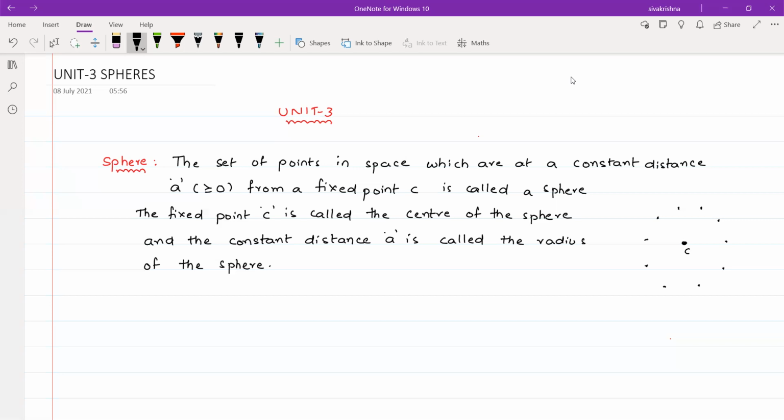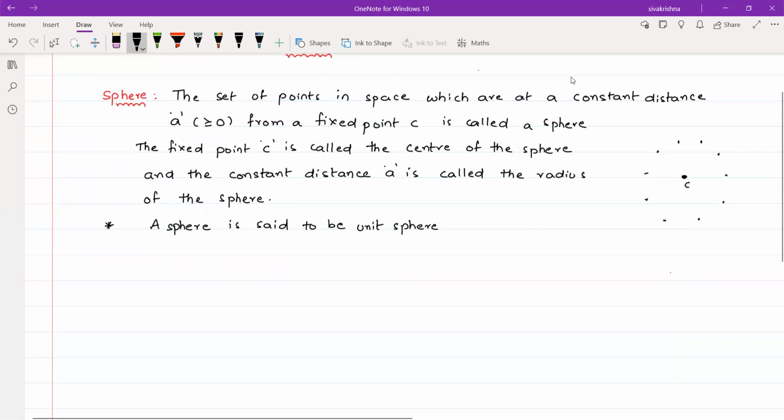Okay. Right. So coming to the next definition, a sphere is said to be a unit sphere if its radius is 1 unit.